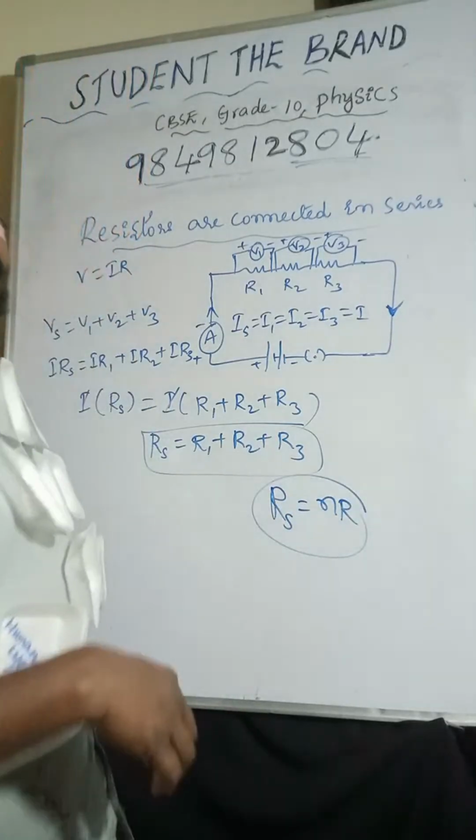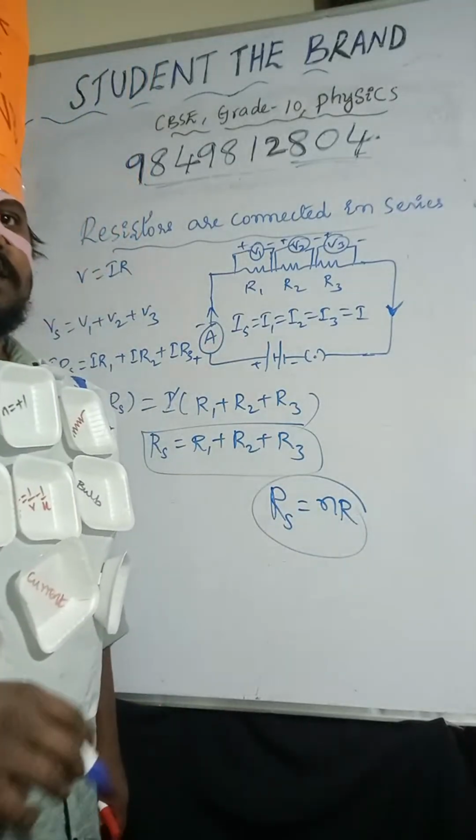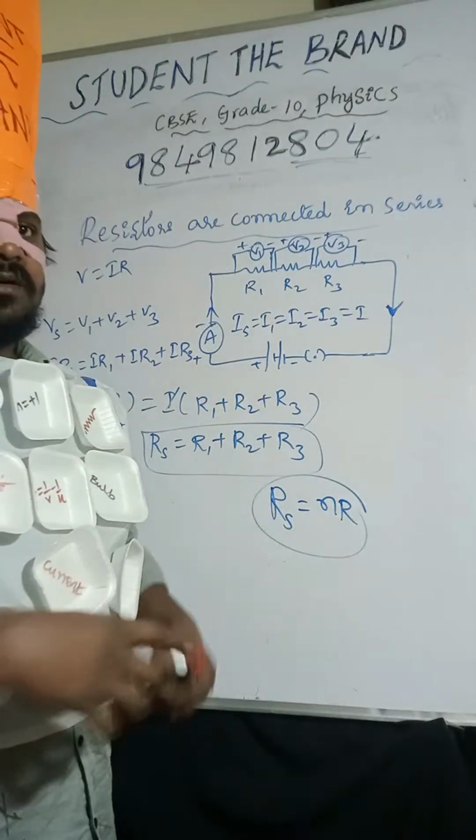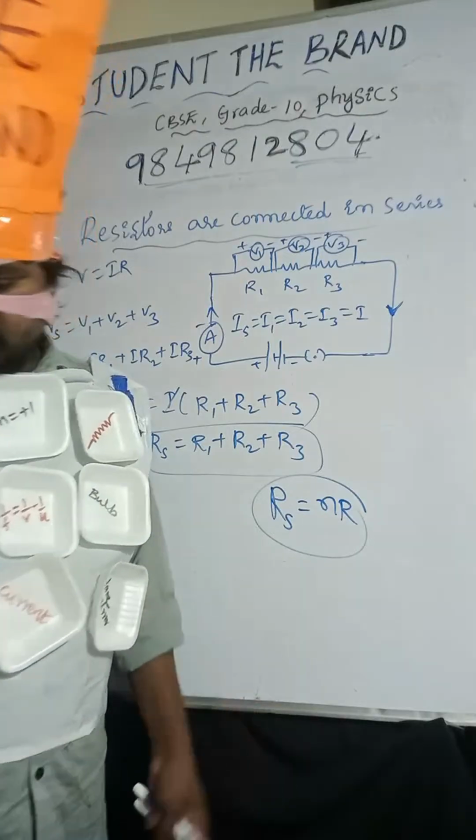If n number of resistors are connected in series combination, Rs equal to nR. Clear?